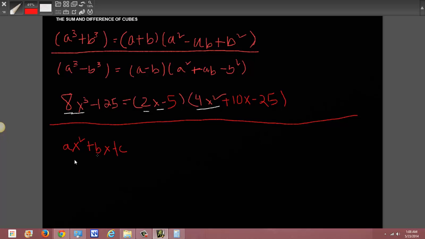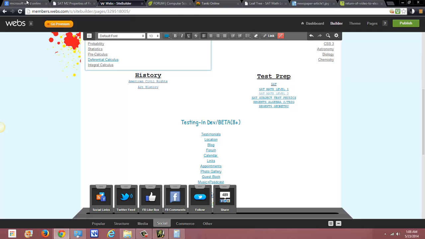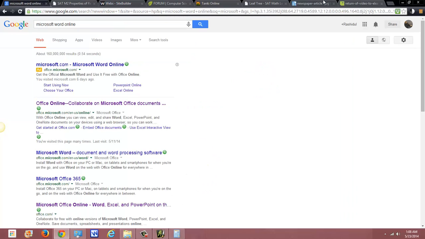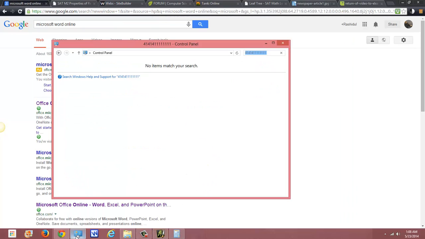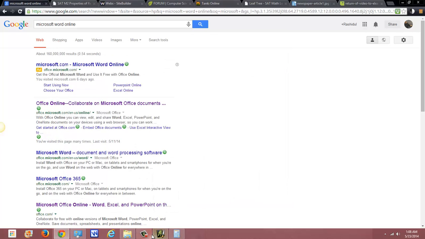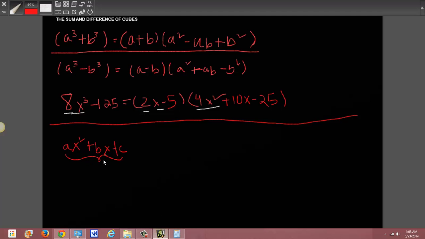If you notice, this is actually a trinomial, which I talked about here. Why trinomial? Well, because it has three monomial terms.